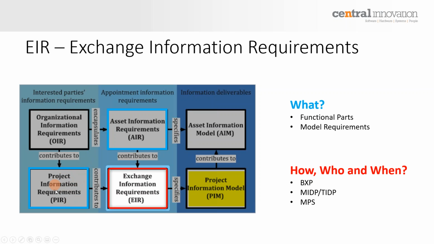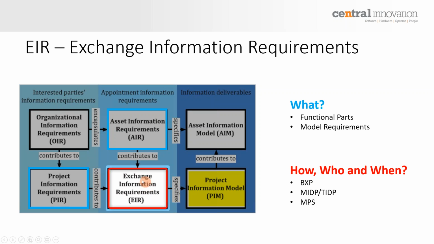The information that is required for the project or for the real building, the asset, is basically the what, exactly what do you need. So what are the functional parts, what are the model requirements for the sake of the project itself. And then the exchange of information requirements, this particular set of requirements or documents, is basically saying how, who, and when that information will be exchanging hands.